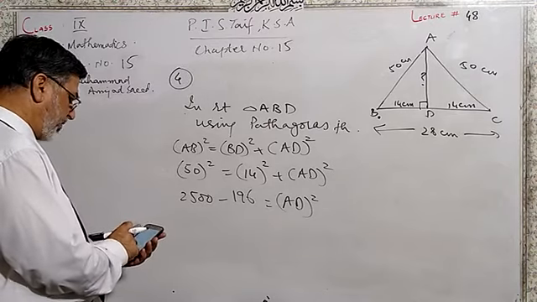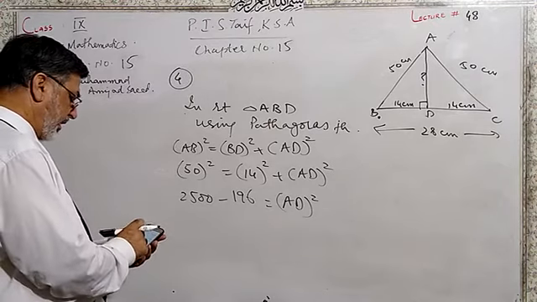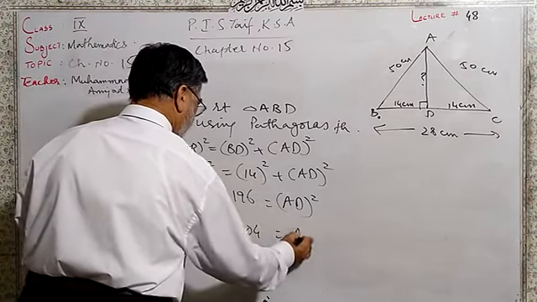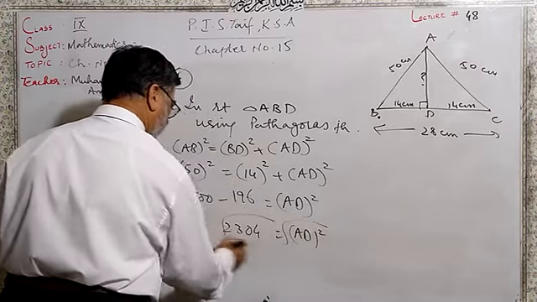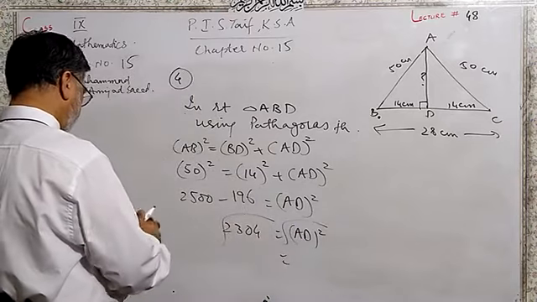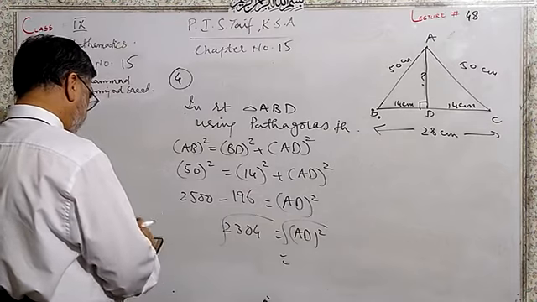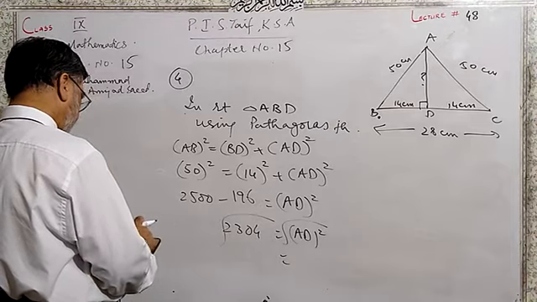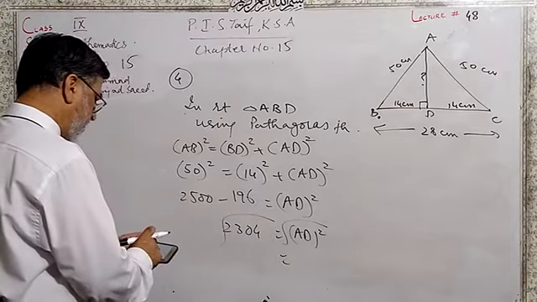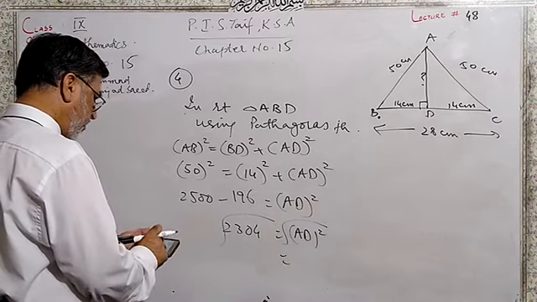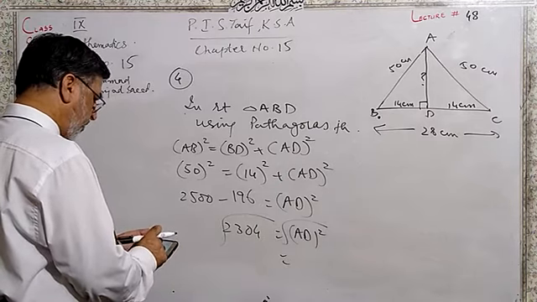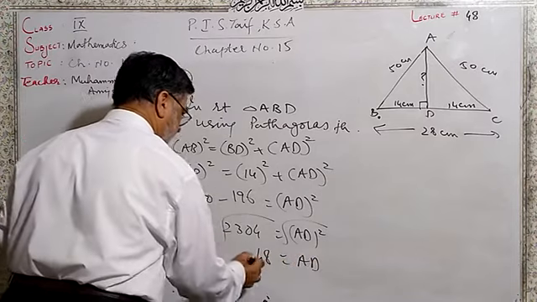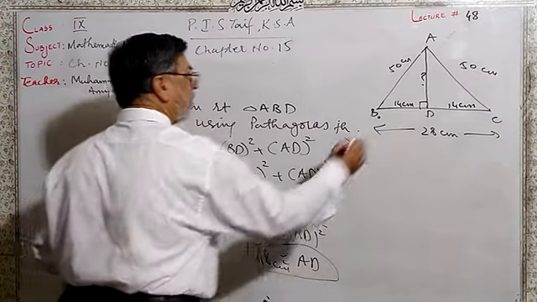Here we have 2500 minus 196. This will be 2304, that is AD square. Take square root on both sides. Square root of 2304 is 48. AD is 48 centimeter.